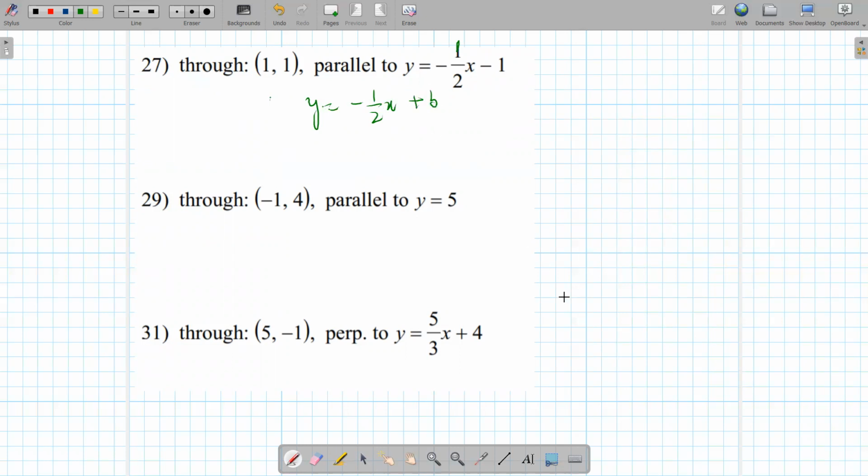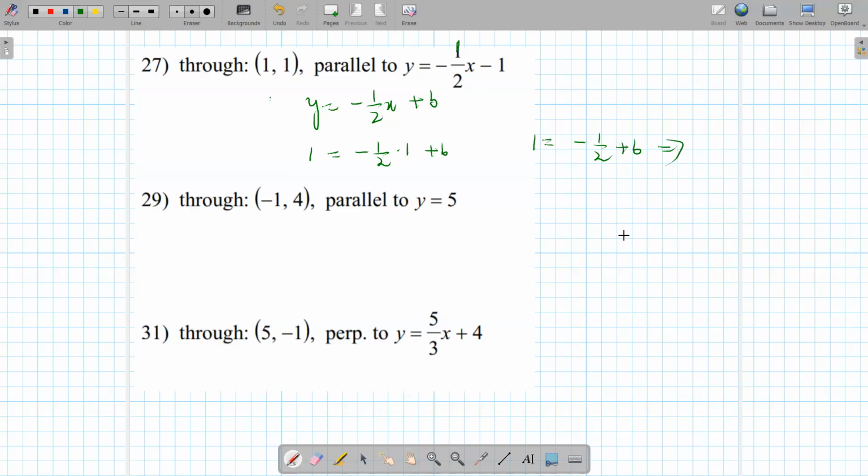How do we find the b value there? You just plug in the point. Yes. 1 equals -1/2 times 1 plus b. So you get 1 equals -1/2 plus b. Now what do we do on both sides?